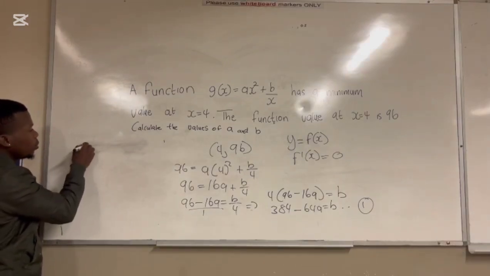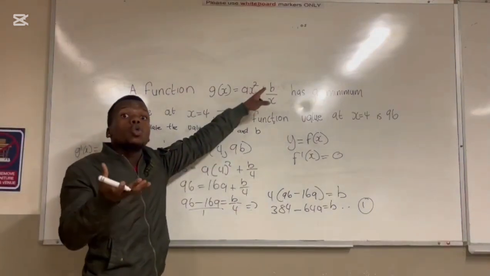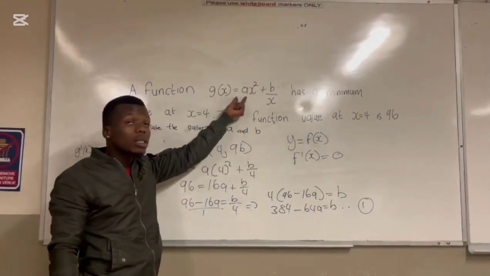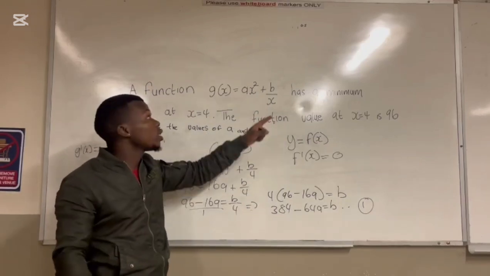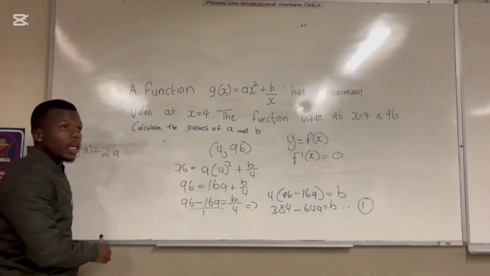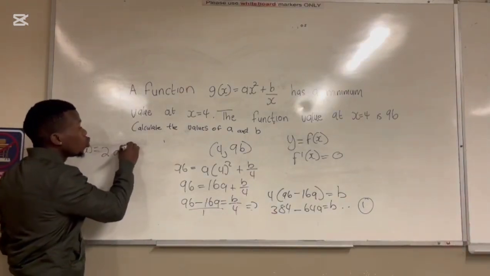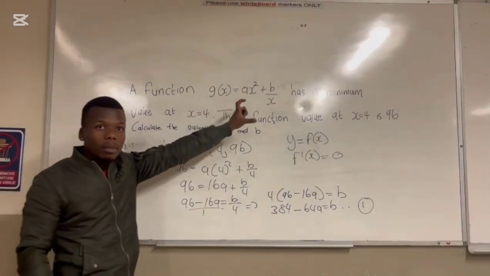This is going to be g prime of x, which is equal to 2, because 2 is my exponent in this case, multiplied by the coefficient. The coefficient is a, meaning I will say 2 multiplied by a, which is equal to 2a x to the power of 2 minus 1. Plus, let's remember something.